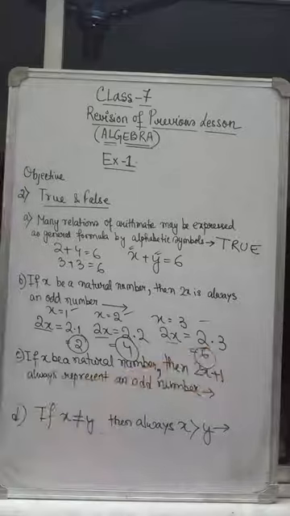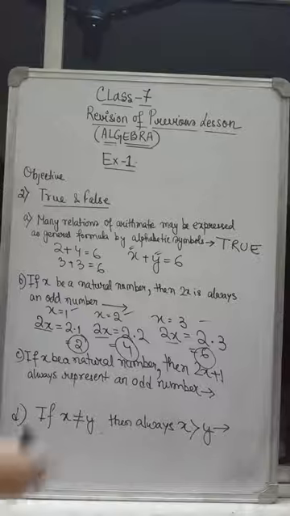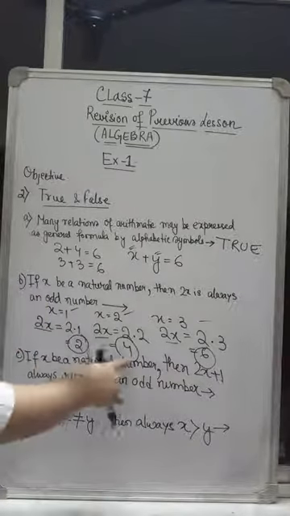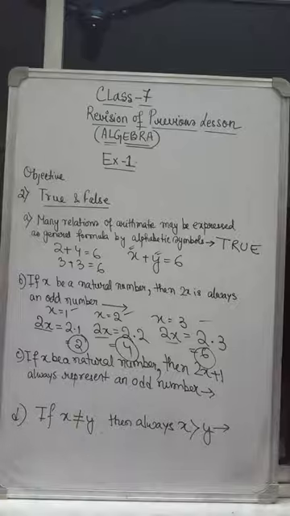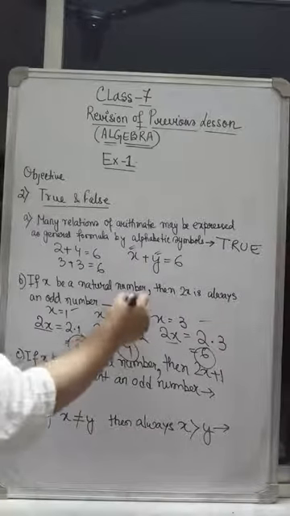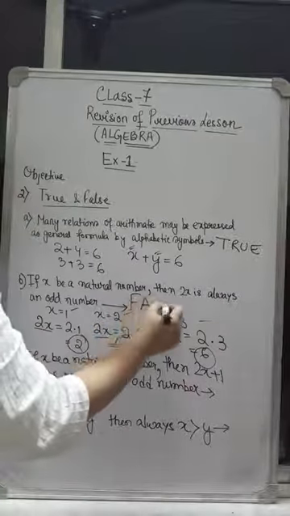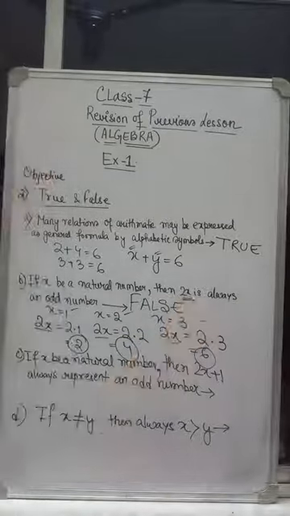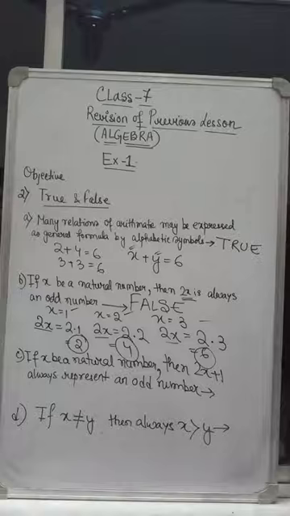See, 2, 4, 6 is coming. That means with any natural number, if you multiply 2, that always gives you an even number. So the statement over here is false, because 2x will always give you an even number and not an odd number.